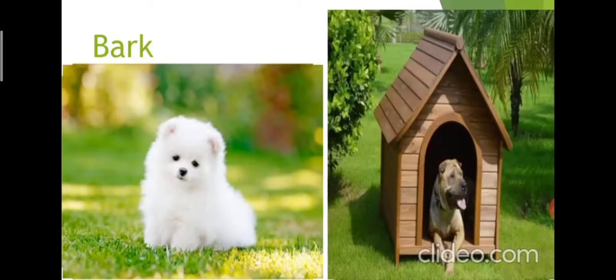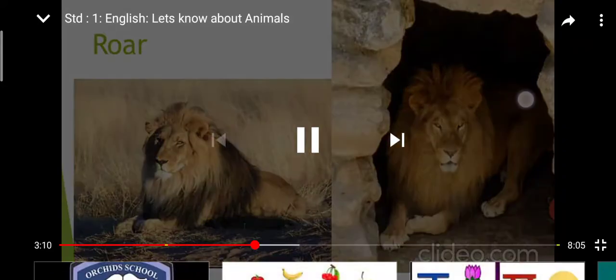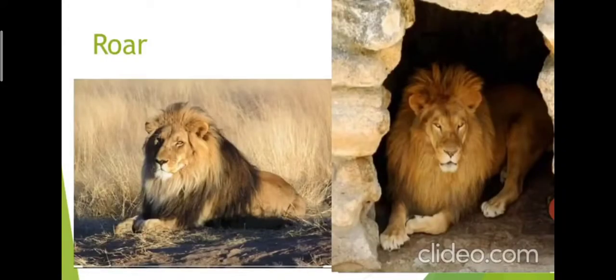B-A-R-K. Bark. Then students, this is the picture of lion. Lion stays in a jungle. Where is lion found? In a jungle. And shelter of lion is called as den. D-E-N, den.